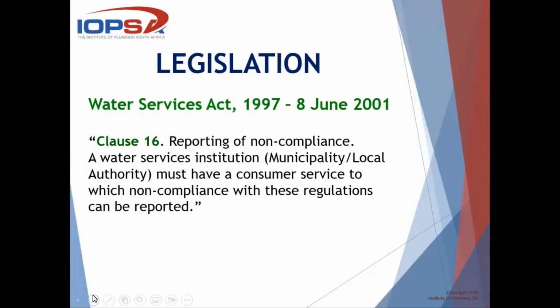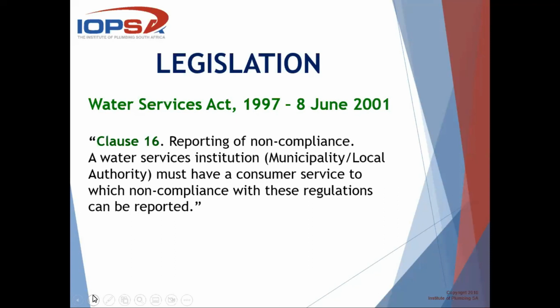A water services institution, which is normally the municipality or the local authority, must have a consumer service to which non-compliances with the regulations can be reported. We all know that the municipalities, although they've got the authority, do not have a function like that.